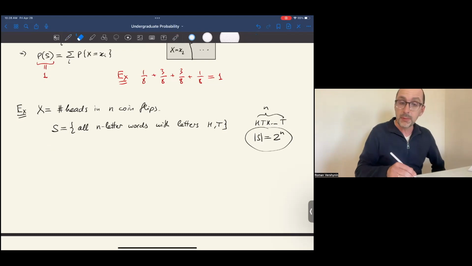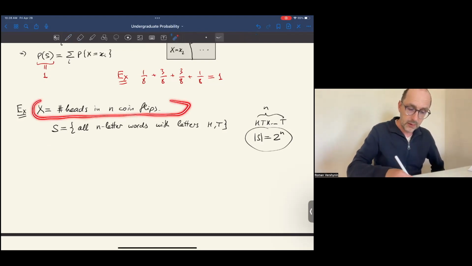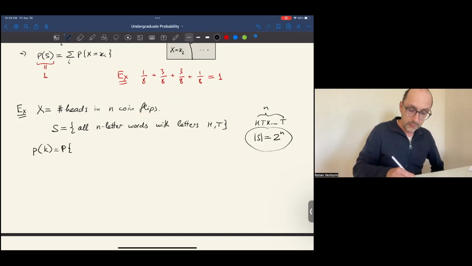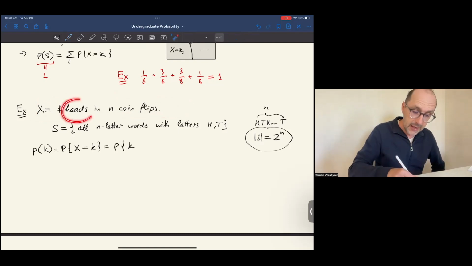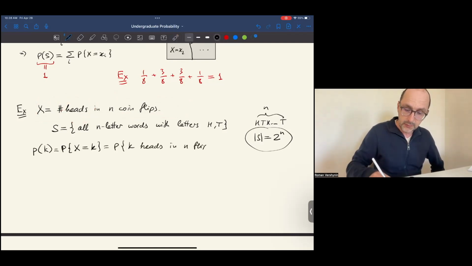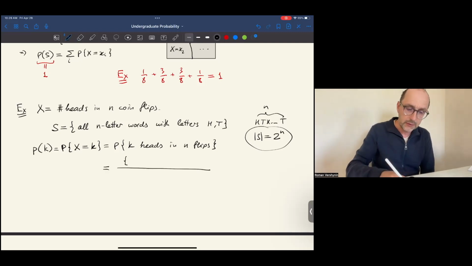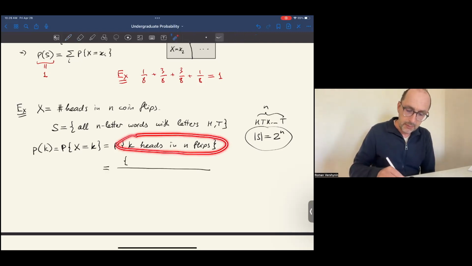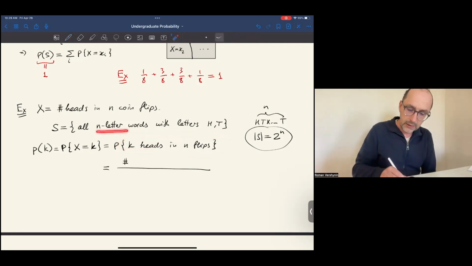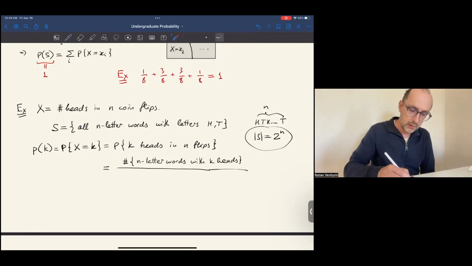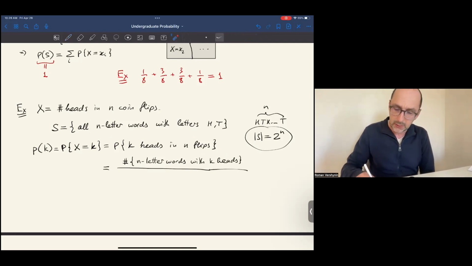Let's compute the probability mass function of this random variable. P of k is the probability that x equals k, which means that we have k heads in n coin flips. Because this is a uniform probability, the probability is a ratio of the number of all n-letter words with k heads divided by the number of all possible outcomes, which is 2 to the n.